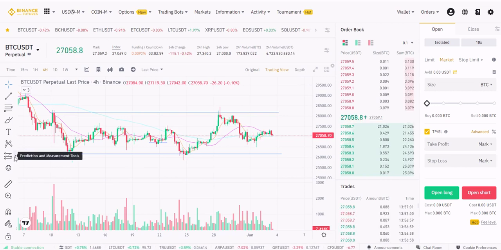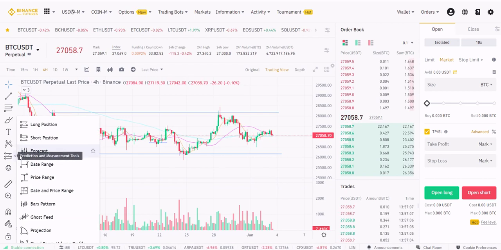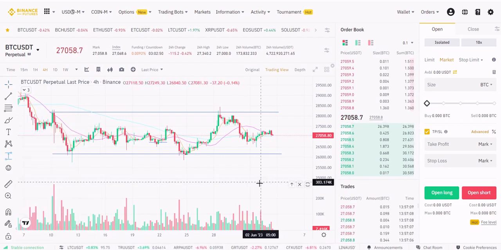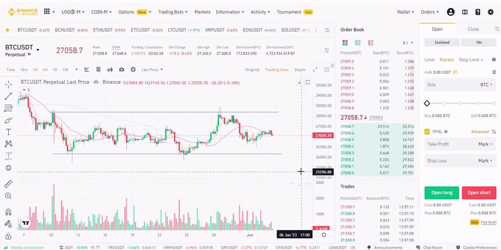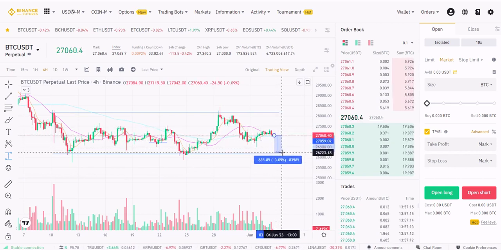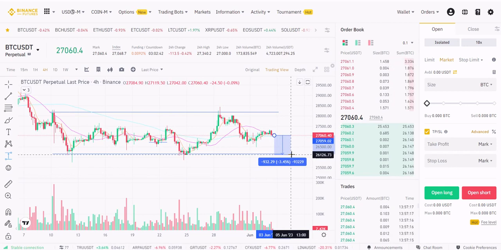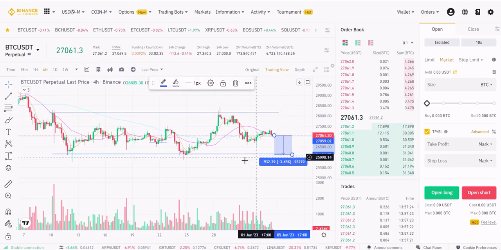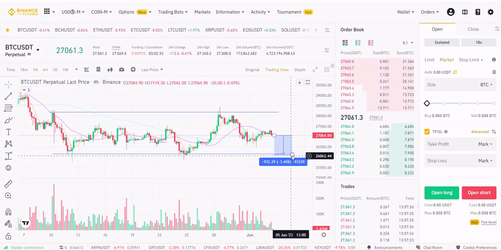These are basically TradingView tools because the chart layout is done by TradingView, and you click that and go to price range. So if you're going to go short right now, from here, the price range down to the bottom of the channel is about 3.5% roughly.